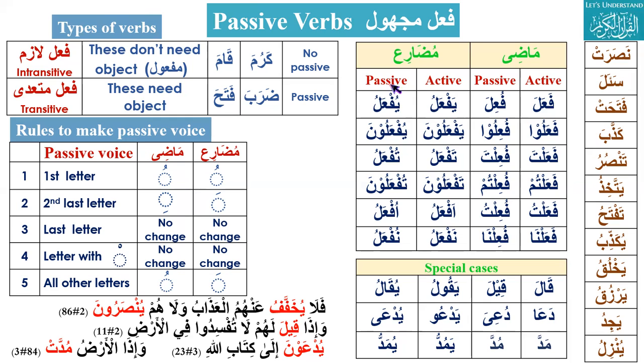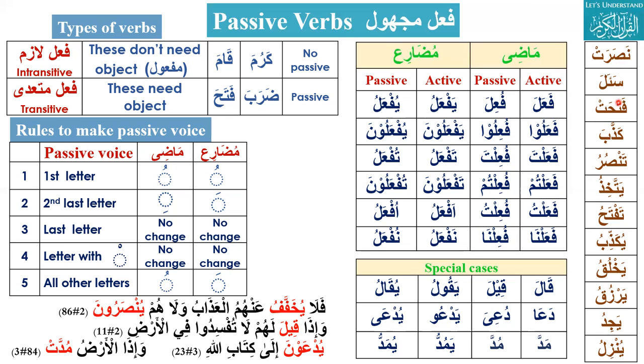Nasarat is going to be Nusirat. Same rule, there is no change in feminine and masculine. The last letter has no change, Brother Rida. That is the same as Nasara, the passivize is Nusira, and Nasarat, Nusirat.